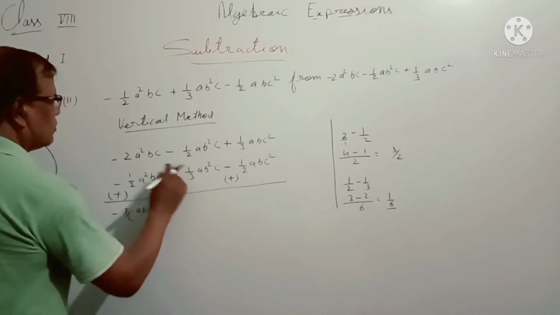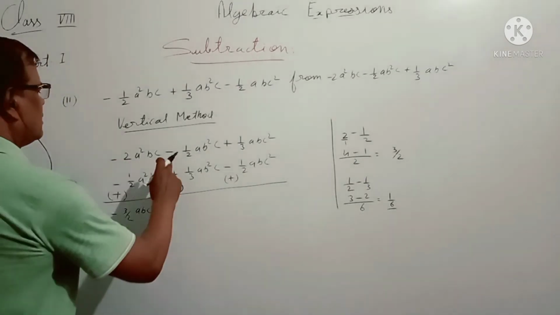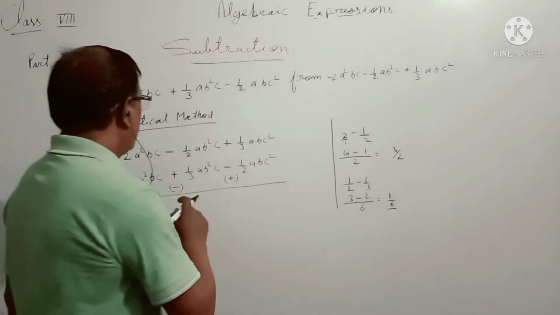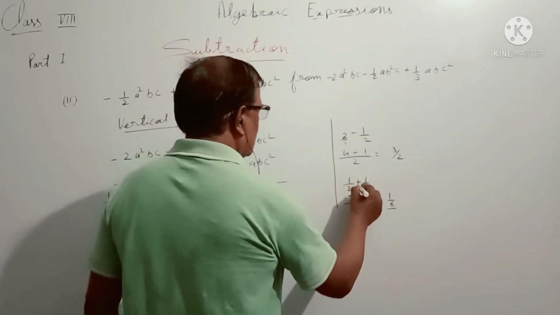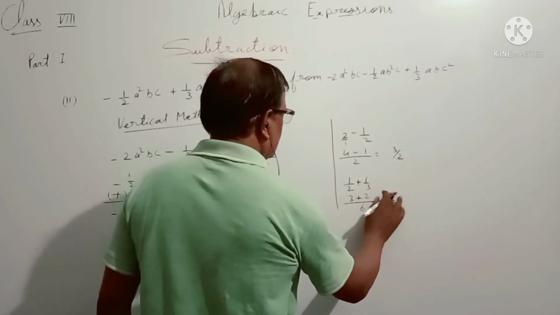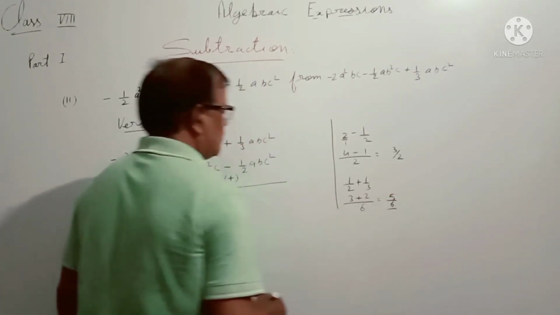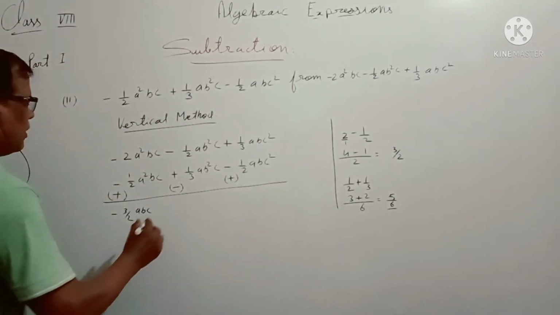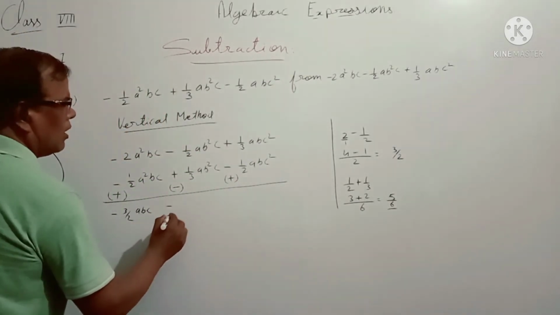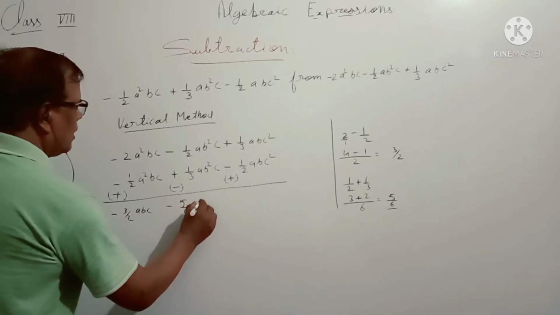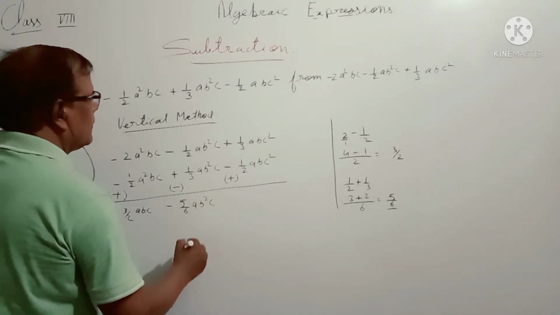As we are seeing, both have the same sign, so we will add them, and at last we will put the sign of the final value. So the final value will be negative and it will be 5 by 6 a b square c.